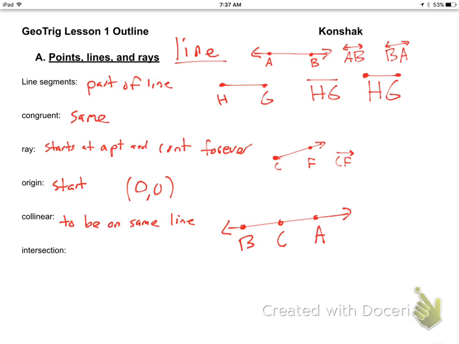But what does that mean? It means that line BC is the same as line CA, which is also the line of AC, BA, AB, CB, BC. No matter what combination of points, whatever way you want, they form a line, and that line is the same as any other line with those 2 points.